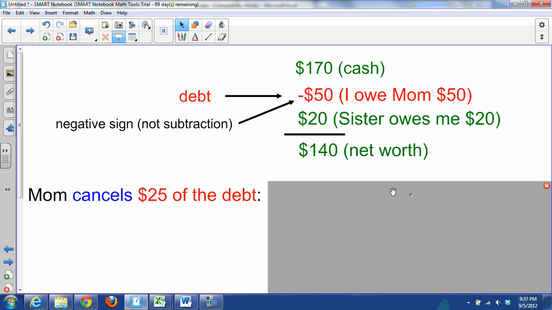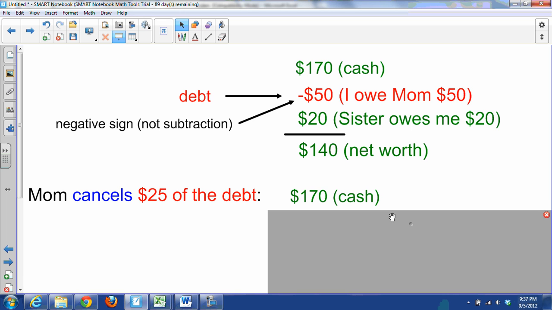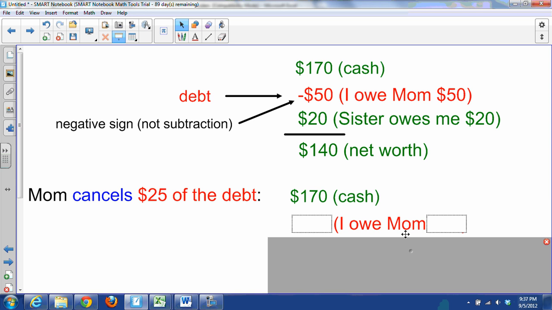Okay, so mom cancels $25 of the debt, so you still have the cash on hand. Now, how much do you owe mom if she's canceled $25 of the debt? Well, now you owe her $25. So I'm going to represent that as a negative $25.